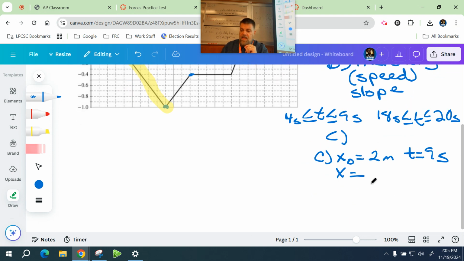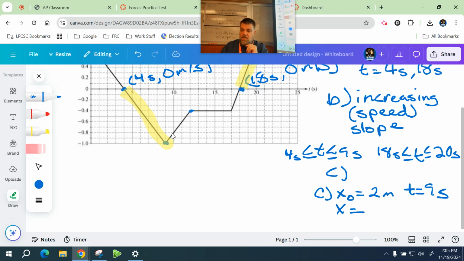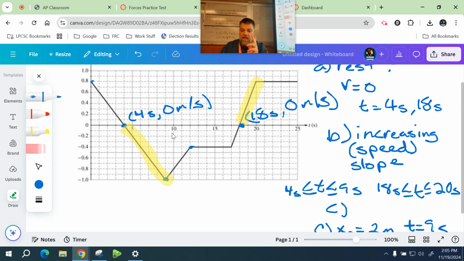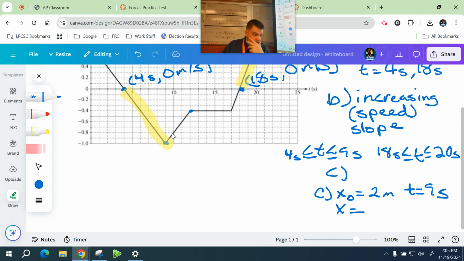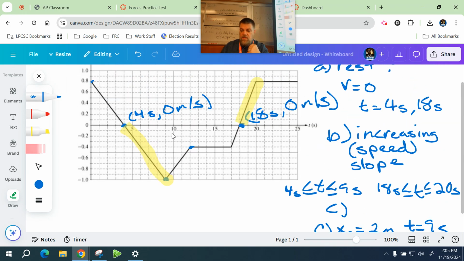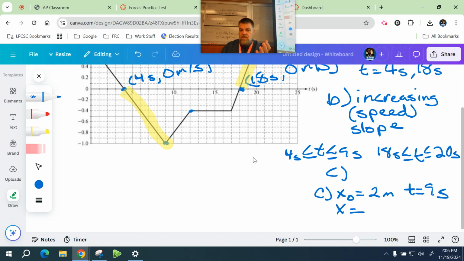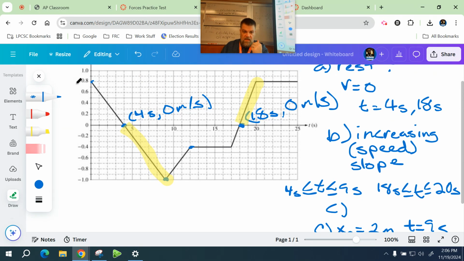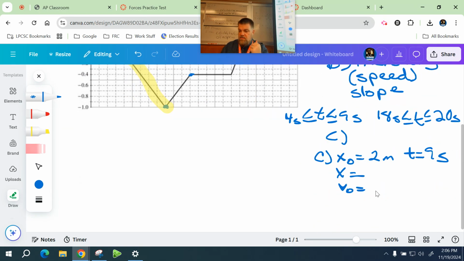Now, in order to find that, I only need one other thing. Let me think here. From 0 to 9 seconds, this is an interesting one. I have an acceleration, but I also have an initial velocity. So the initial velocity is 0.8 meters per second.